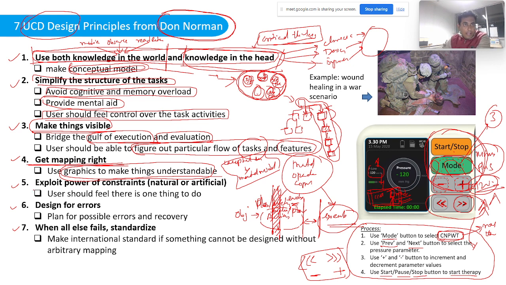The next principle is exploit the power of constraints. When you define tasks, do not make the user work in a multitasking environment. Make the tasks linear. Make the user feel that there is only one thing to do at a time. It can be sequential, but it should not require pushing two buttons in parallel or doing two things in parallel.